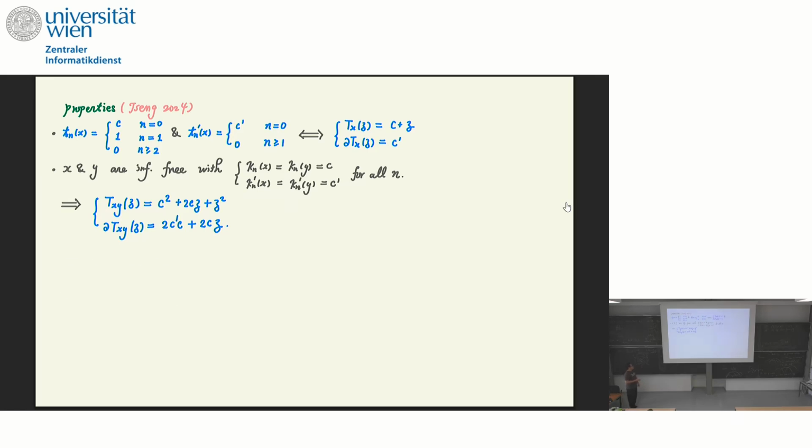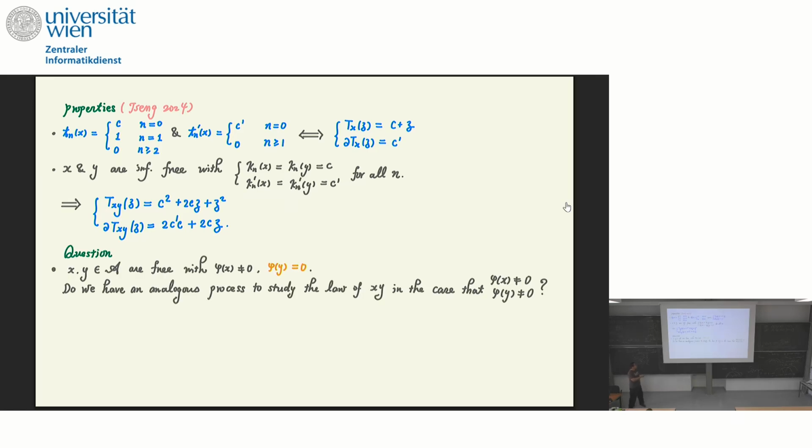Before the end, I'd like to mention one thing. If you go back to the way I defined the S transform, it's based on the assumption that phi of x is non-zero. So we consider a non-vanishing mean to guarantee that the inverse exists.